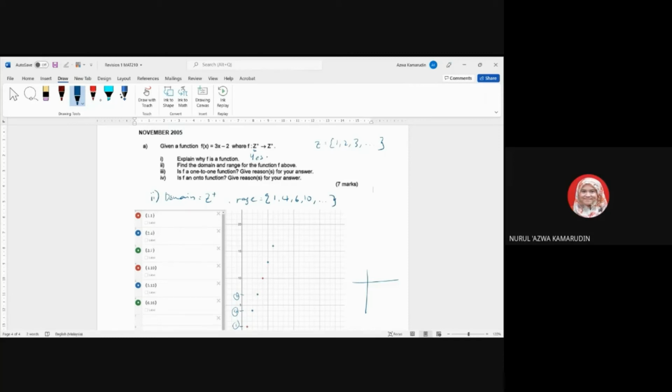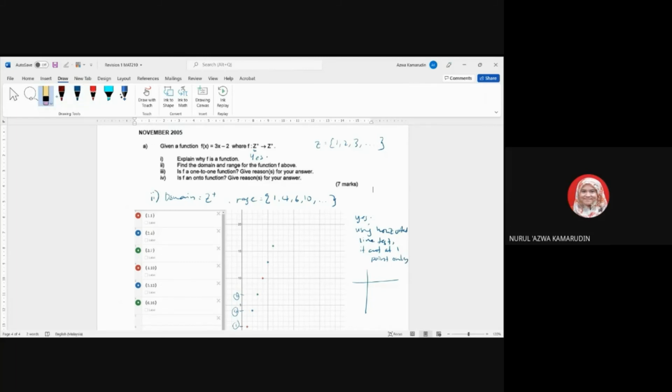Is this a one-to-one function? Yes. You state that using the horizontal line test, it cuts at 1 point only.